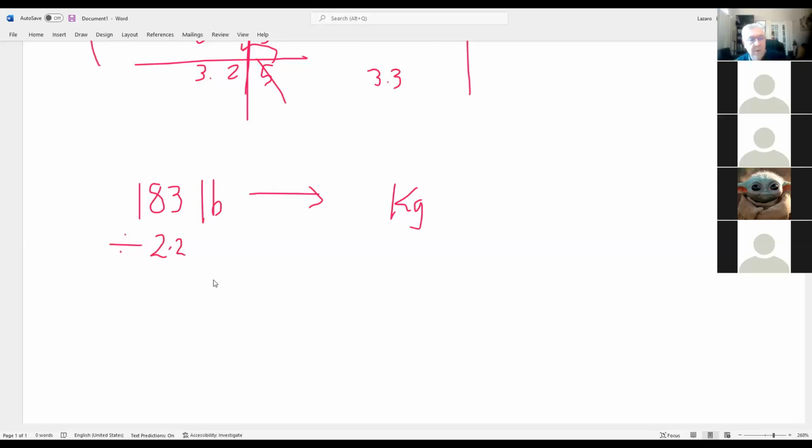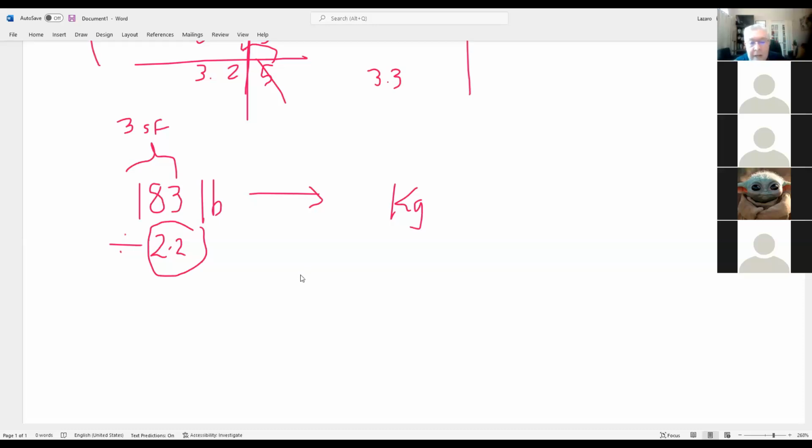Then I divide 183 by 2.2, or any factor that you use. I always use this, but in the literature you can find 1.1 and something else. Anyway, the factor that you use is not important. What is important is the number of significant figures in the number that you are going to convert. In this case, how many significant figures? 3, yeah?